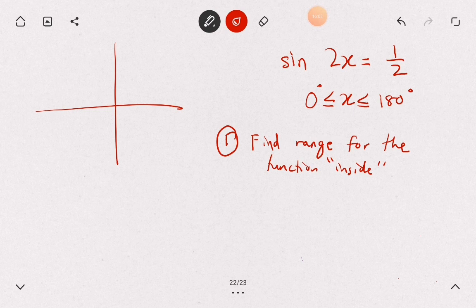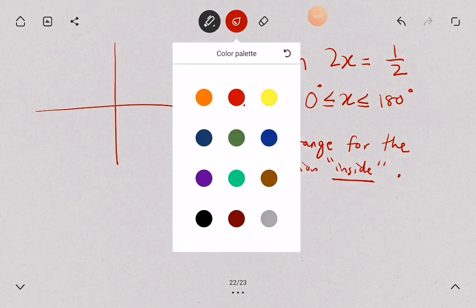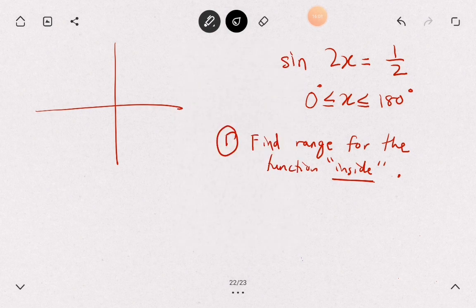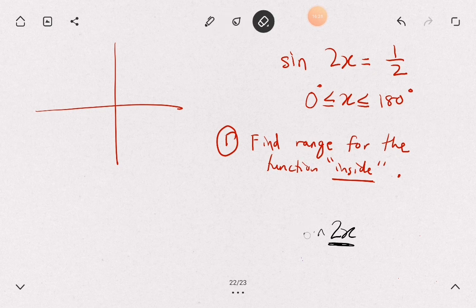What this inside means is, I have sine 2x equals 1 over 2. That's an equation. So basically I'm not doing sine x. I'm in fact multiplying x by 2 first, and only then I apply the sine to it. So this is sine of 2x in brackets.